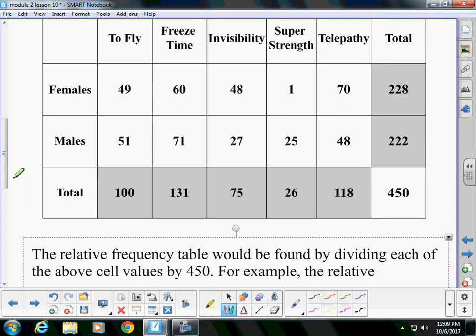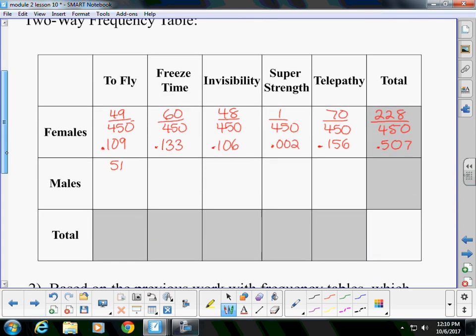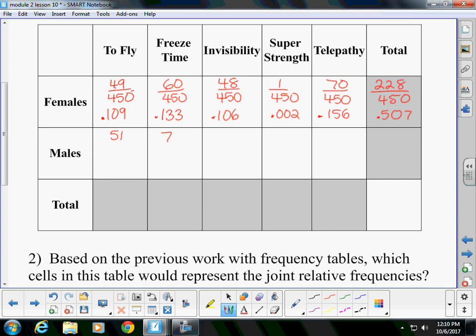The male total was 222. We're going to divide all these by 450 also.